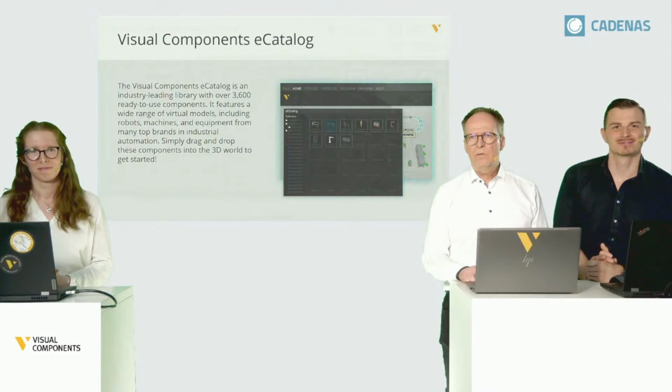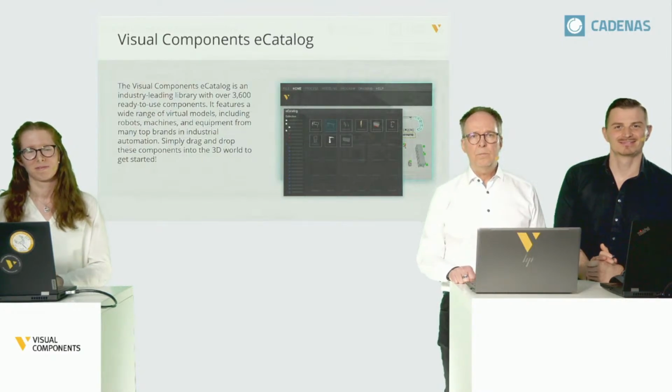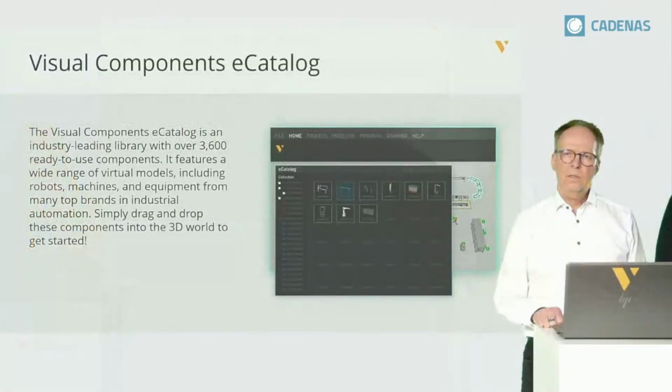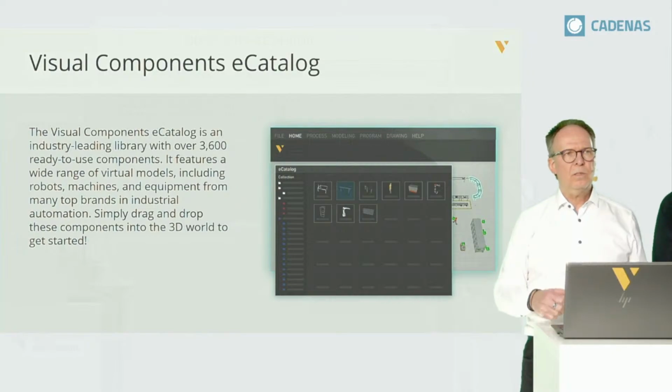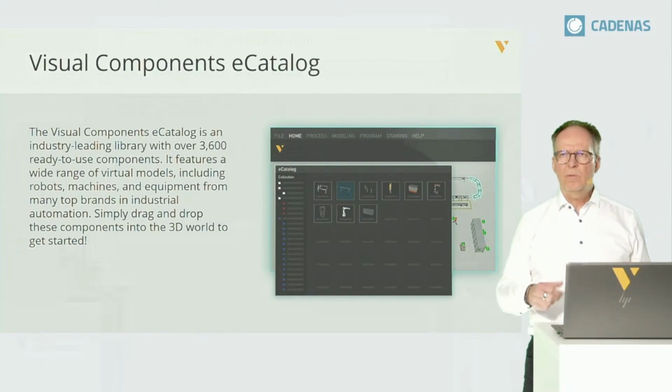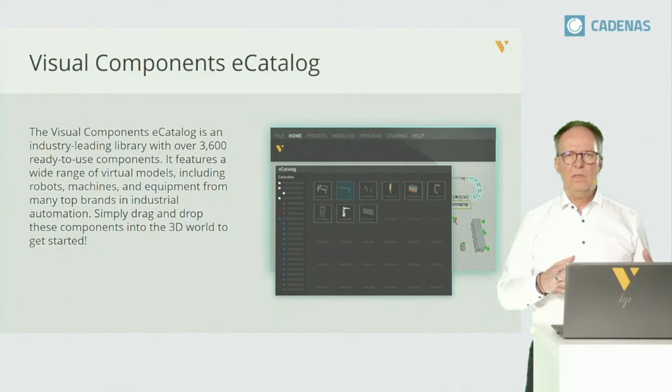Okay, so now it comes a bit deeper in our solution, because we are in partnership with CADENAS. So for the last years we have also brought our own e-catalog with Visual Components to our customers.